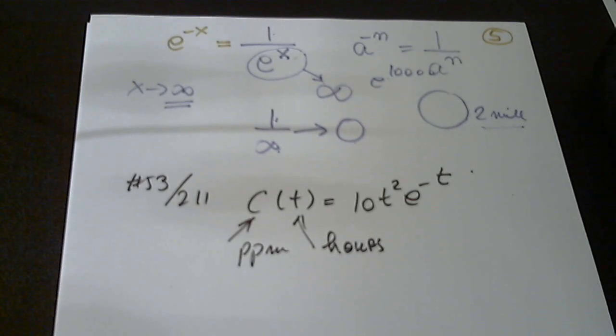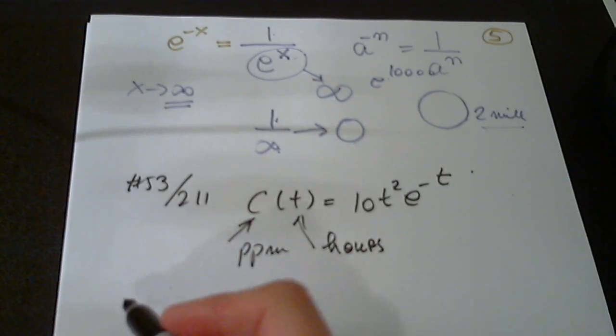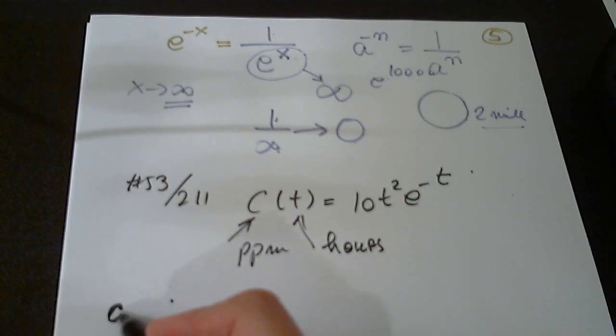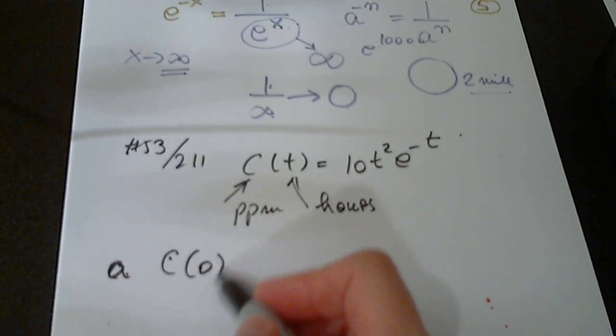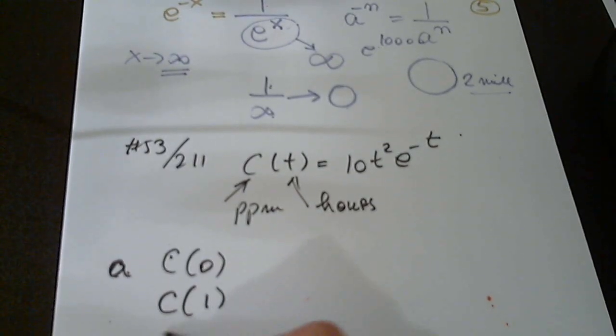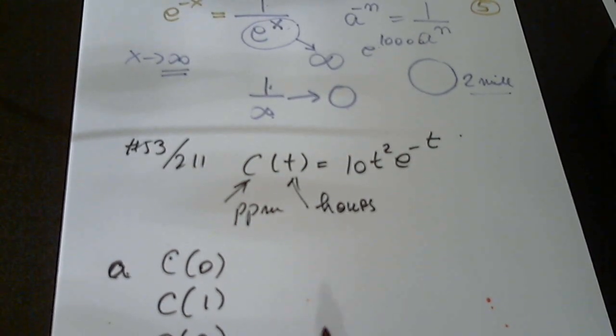We wrote it. Find the concentration after 0, 1, 2, 3, 4, and 10. So part A, C of 0, C of 1, C of 2, C of 3, and C of 10.